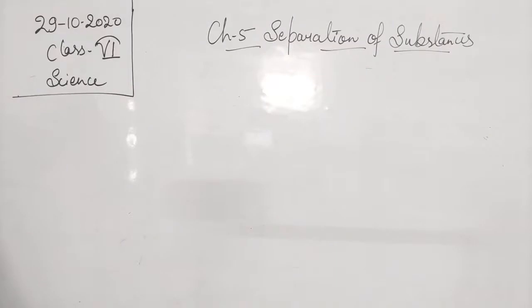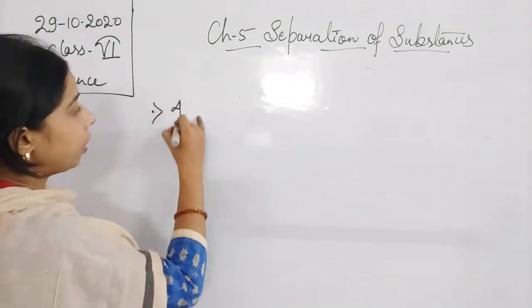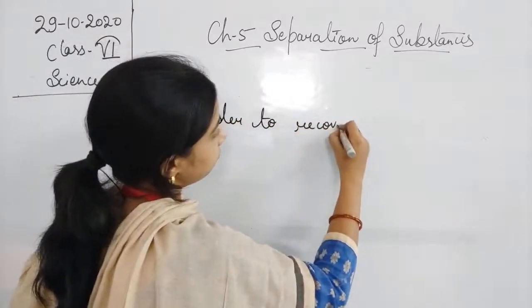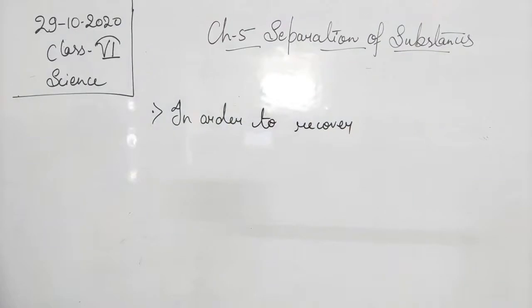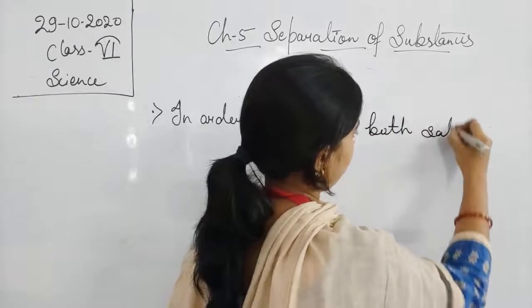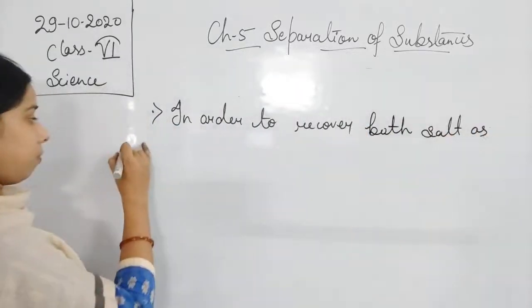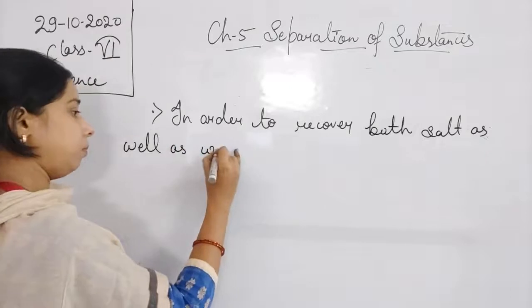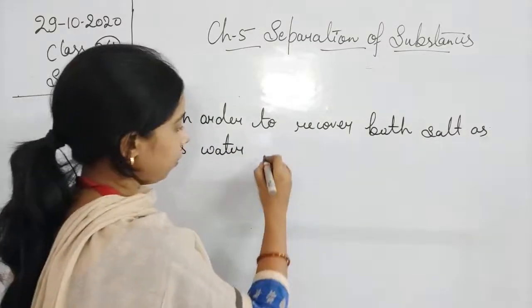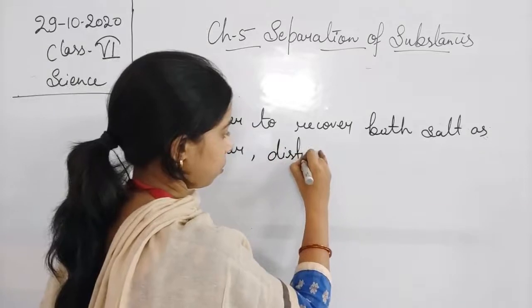So let me write some of the important points about the distillation process, students. Why are we using the process of distillation? In order to recover both salt as well as water from the mixture, the distillation process is used.